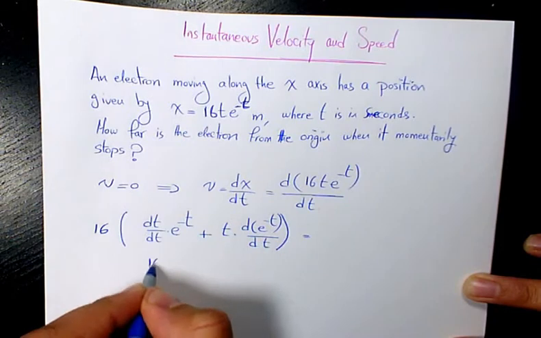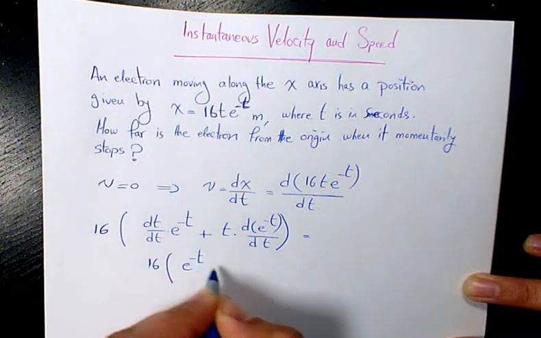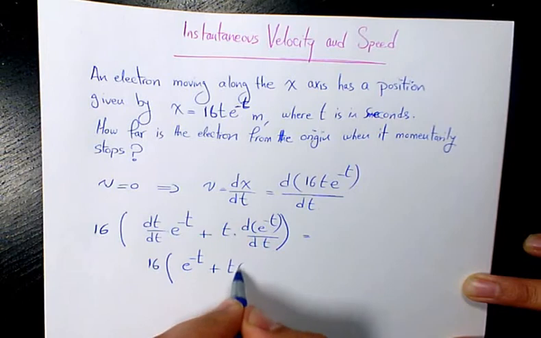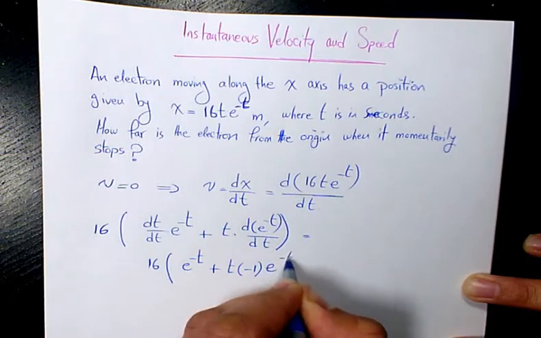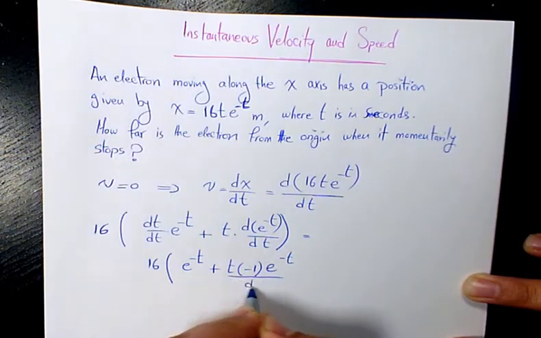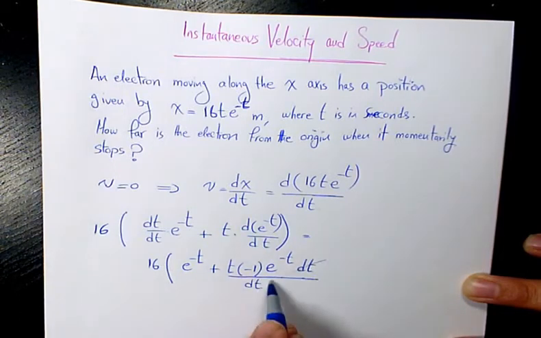So therefore it's going to be 16. dt over dt is 1, times e^(-t). And here we have t times the derivative of e^(-t), which is negative 1 times e^(-t).